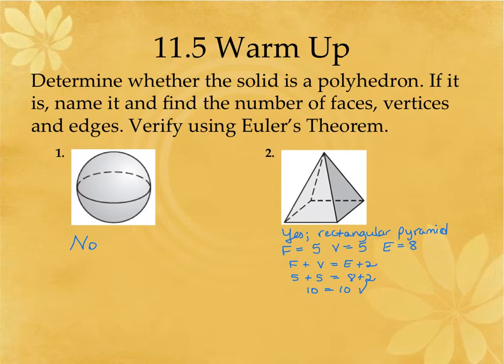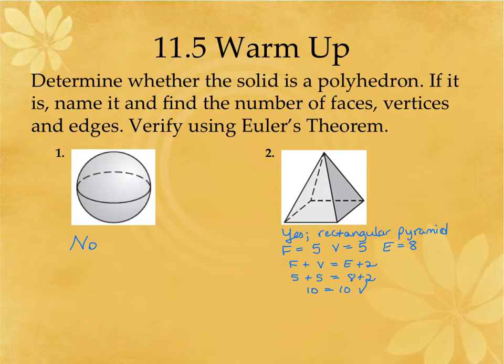Now, you might think that shape on the bottom looks like a square. However, we don't know anything about the side lengths. We don't know if all of these sides here are congruent. So that's why the better answer here would be a rectangular pyramid.